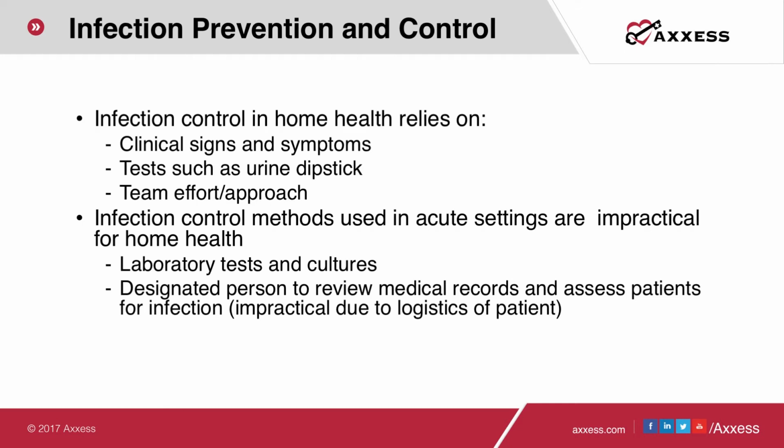We also see that in acute care settings, there's normally a designated infection control nurse or other person who reviews medical records and assesses patients for infection. And that's kind of impractical in home health because of the logistics of the patients that we see. One person is usually not in charge of overseeing infection for everyone.